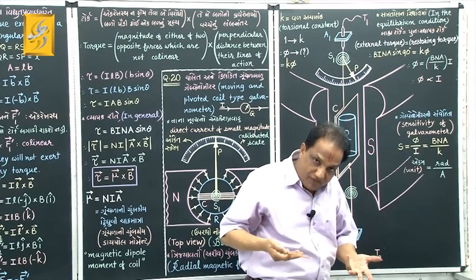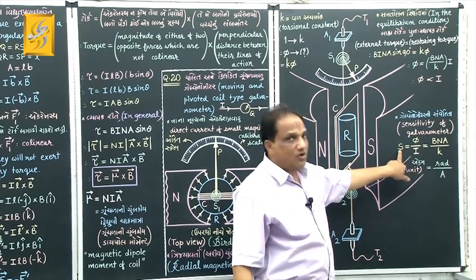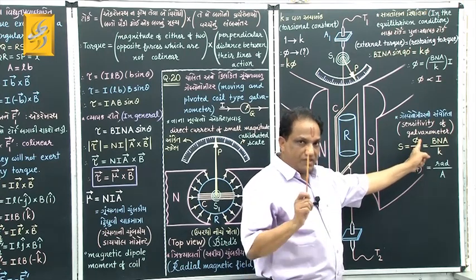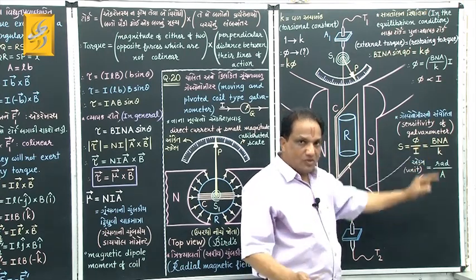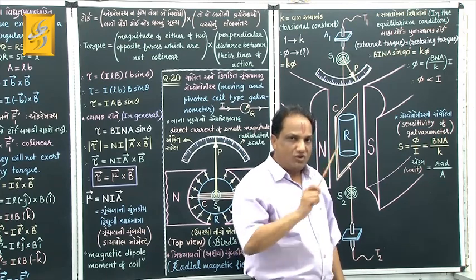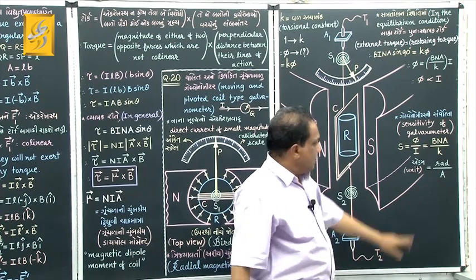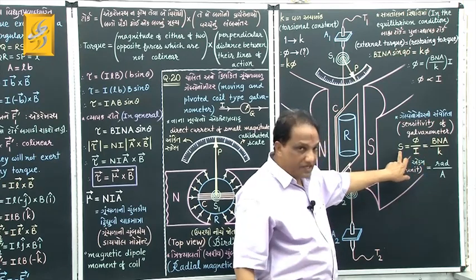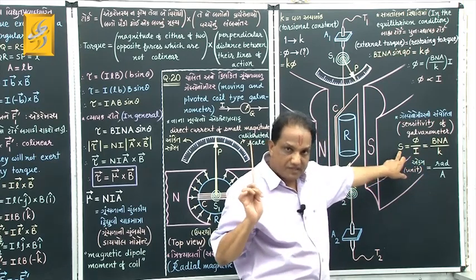That ratio itself is known as sensitivity of a galvanometer. Deflection observed in the coil or in the pointer of a galvanometer per unit current passing through it is called its sensitivity, shown by symbol S, correct.